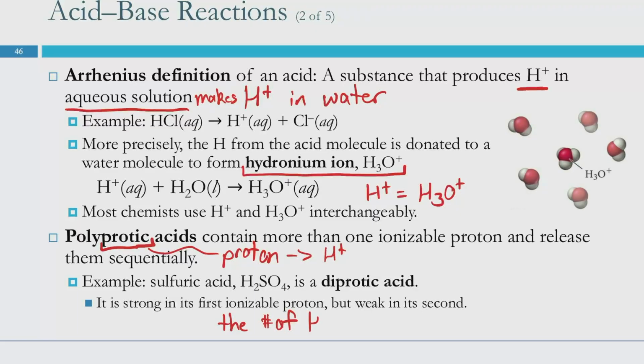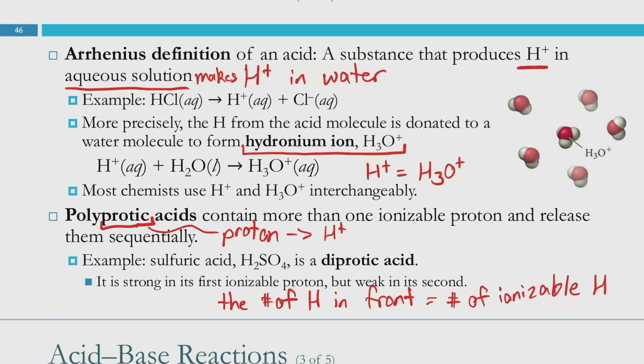So the number of H in front equals the number of ionizable hydrogens. Again, this isn't always true, but it's often true. Since those H's in front are what make something an acid.